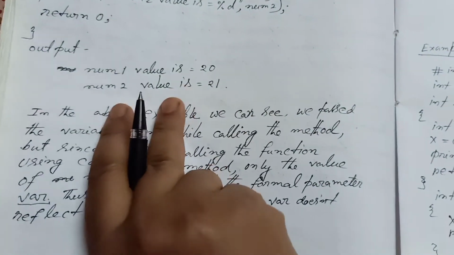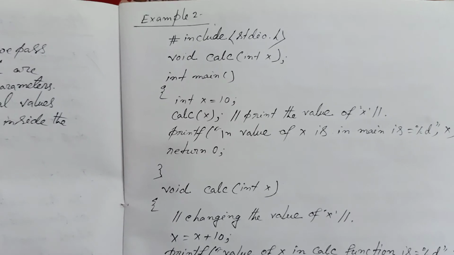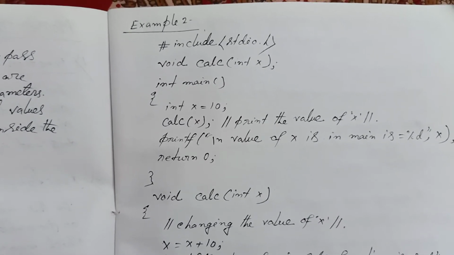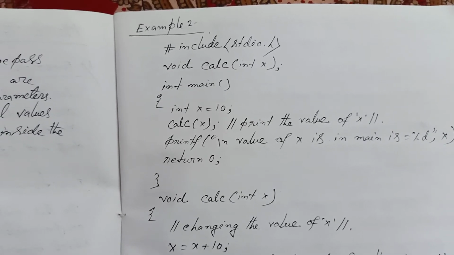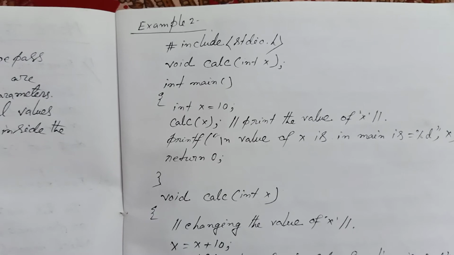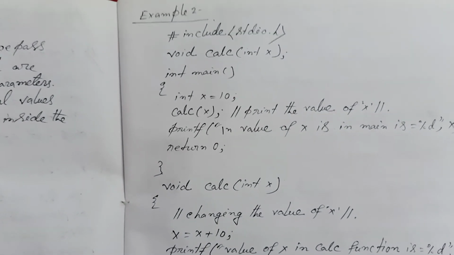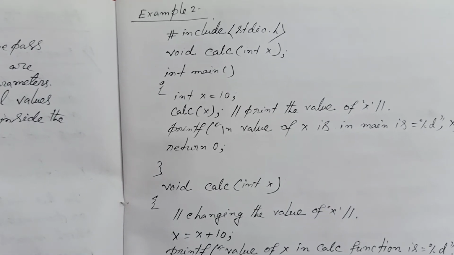Next, see another example of this method. #include <stdio.h>, void calc, within brackets we write the argument int x. Now, it is the user defined function declaration only.